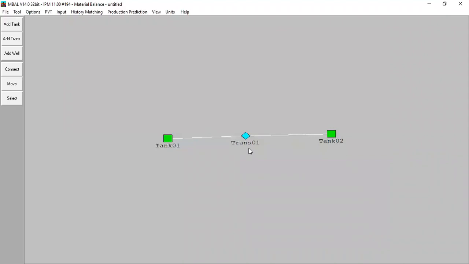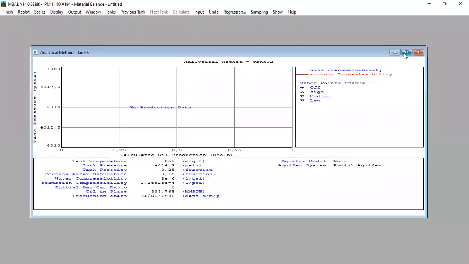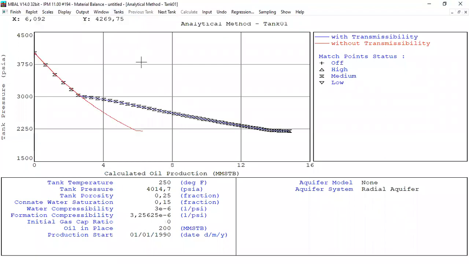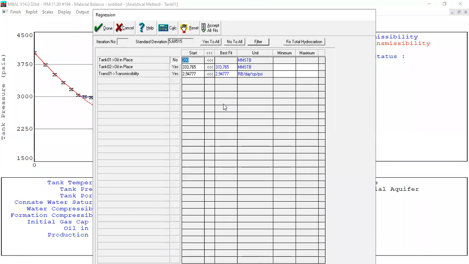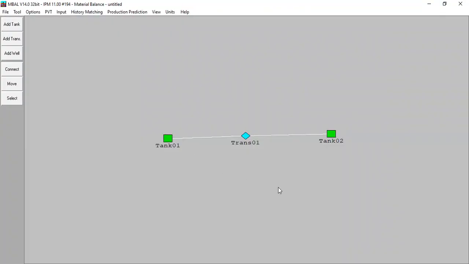And then we connect tank one with tank two through this transmissibility, and we perform history matching in tank one, and we do regression to get the correct oil in place of tank two and the transmissibility between the two reservoirs. And then we obtain a perfect match and we are satisfied. Okay, so that's the whole story.